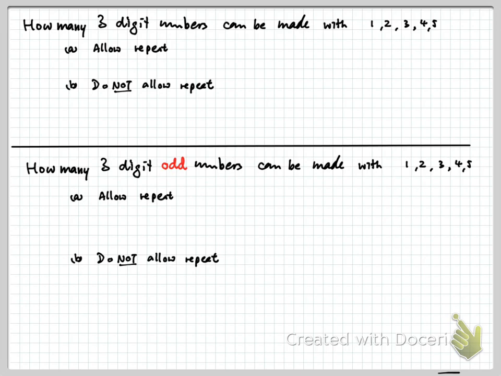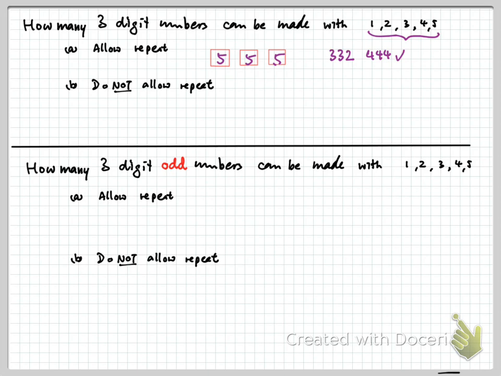First of all, if you allow repeat, imagine we have 3 boxes. We choose 1 digit for each box among these 5 digits. Because you allow repeat, every digit can be reused over and over again. That means you allow numbers like 3, 3, 2, or maybe 4, 4, 4. These are okay. So we have 5 choices in each box.